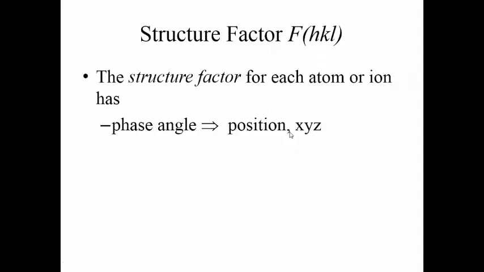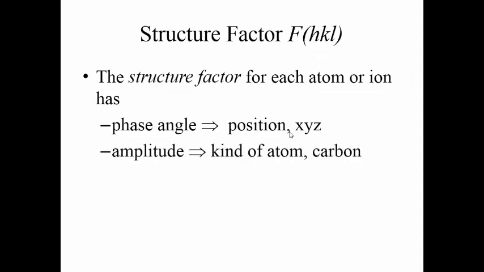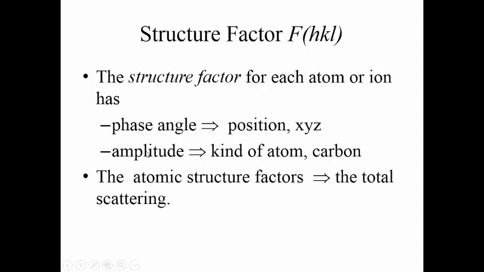So here is the structure factor. It has two contributions: where is the atom, and what is the atom. Where the atom is contributes to the phase angle, and what the atom is contributes to the amplitude. The structure factor is the total of all the atoms in the unit cell scattering together.